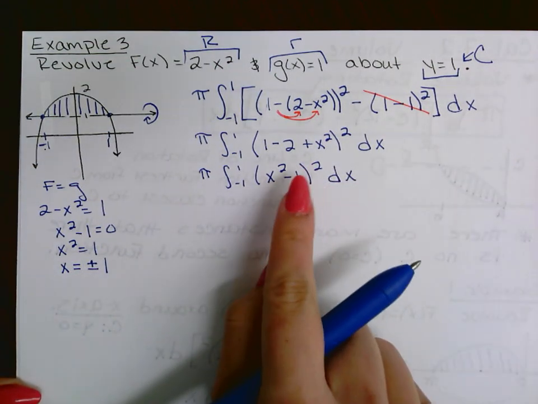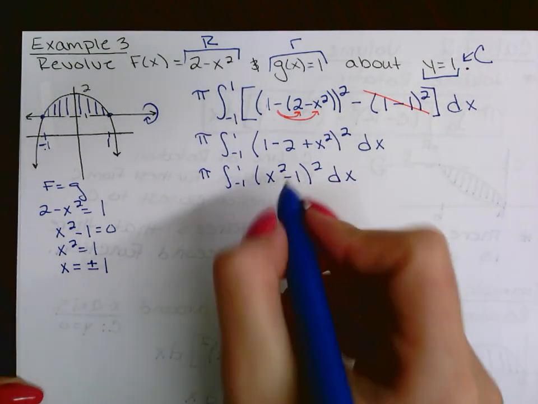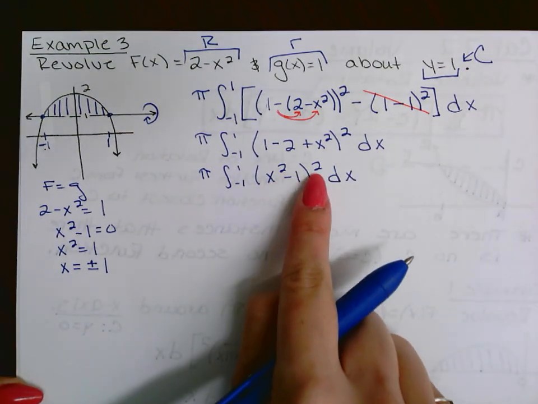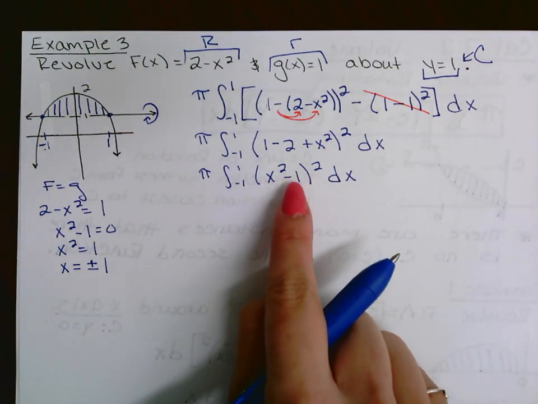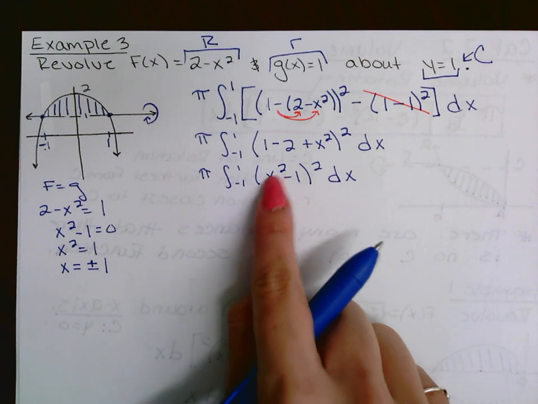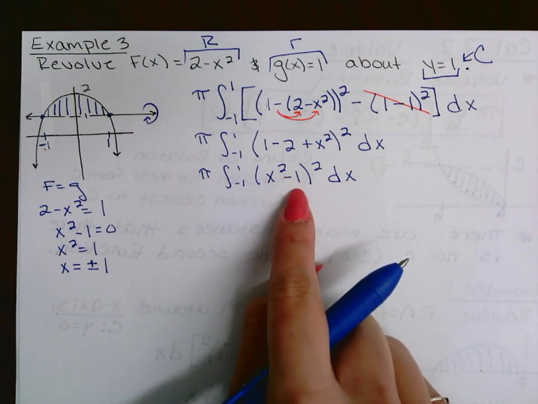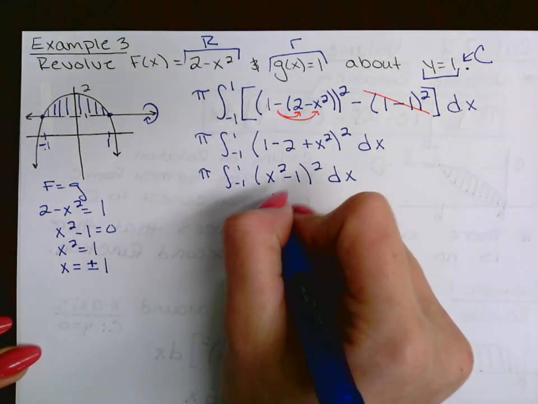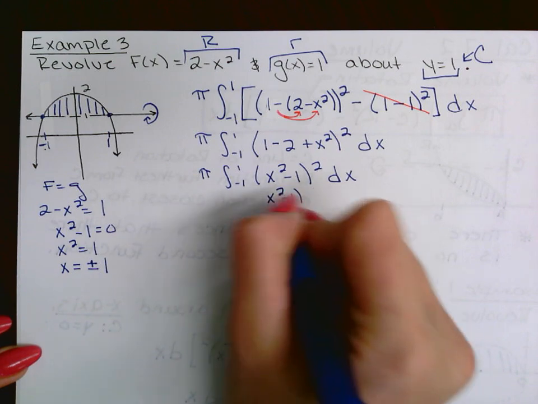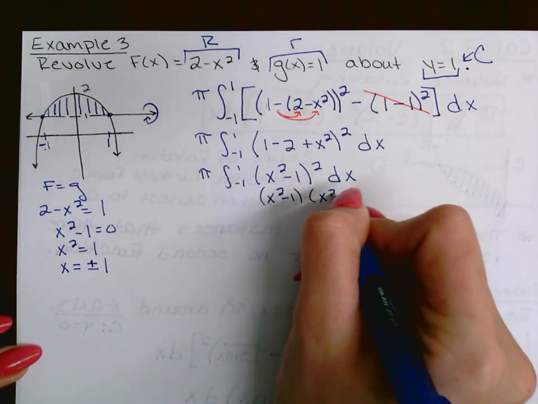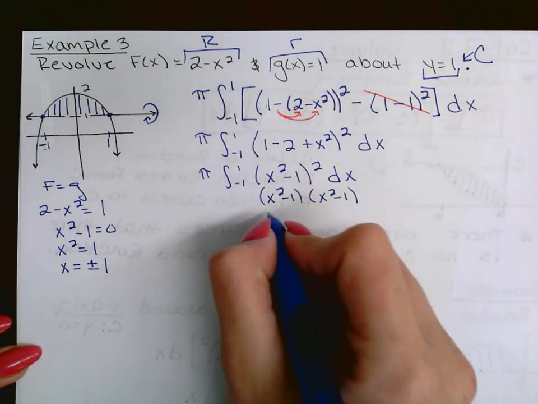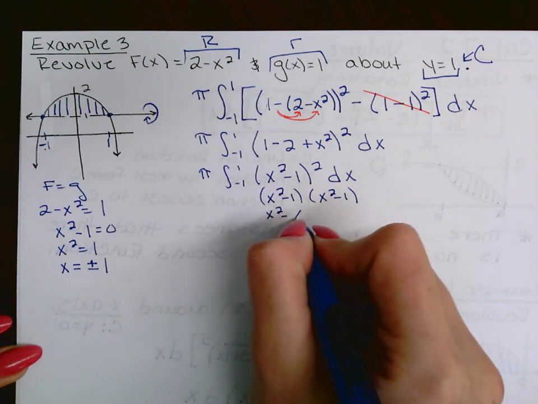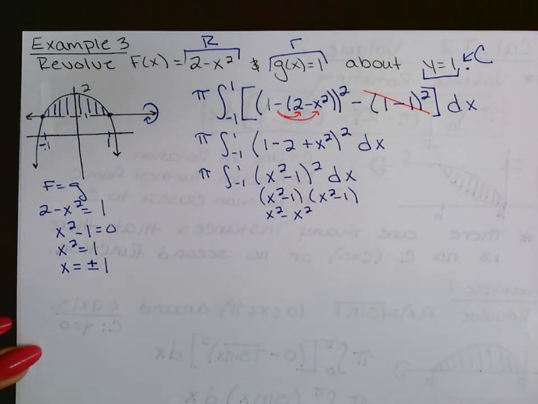Okay? I'm going to have to do some foiling here. Remember that this squared does not distribute to each term. It means that this entire binomial is going to get multiplied by itself. So what I'm really working with is x squared minus 1 times x squared minus 1. Foil that. Whoops.